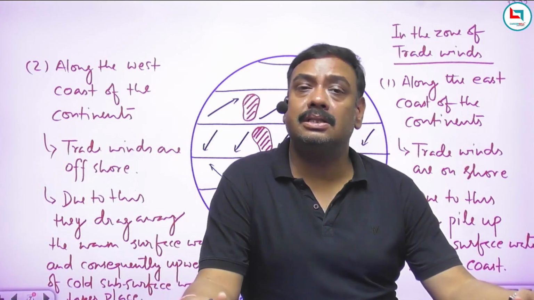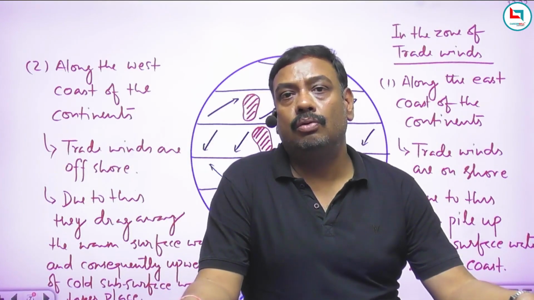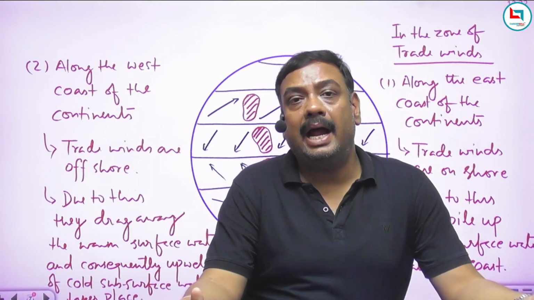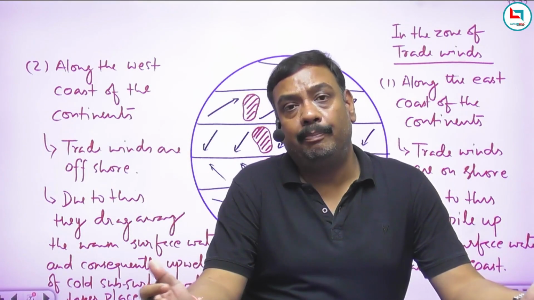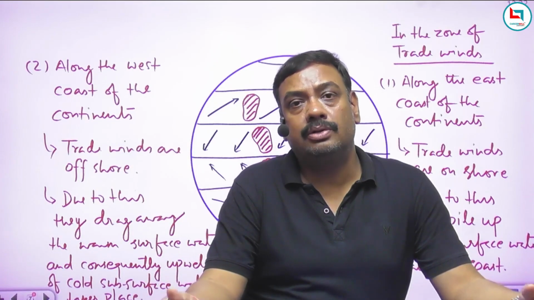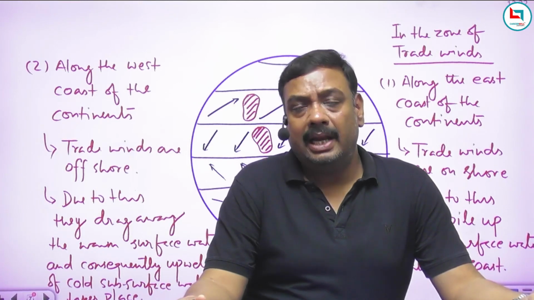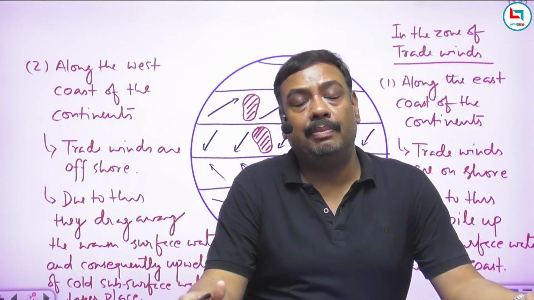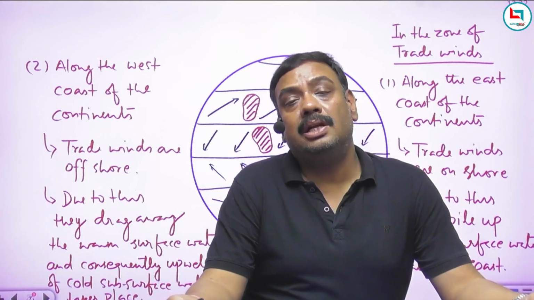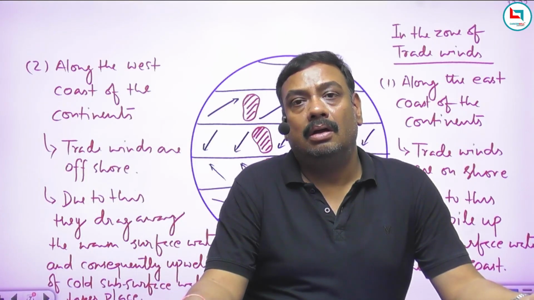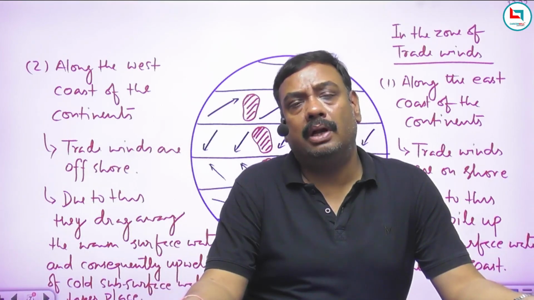Throughout the year it is colder there. So if winds are piling up cold water along the coast region where they are onshore, not much change can be observed in the temperature along the coasts of continents, right?